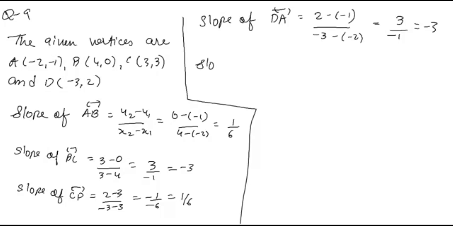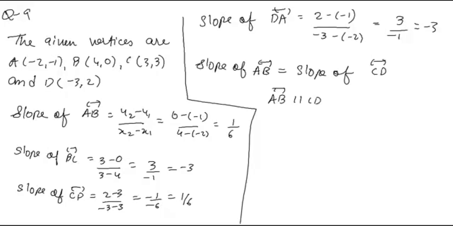So you can see that slope of AB is equal to slope of CD. So here I can say that AB line is parallel to CD line. Here slope of BC is equal to slope of DA.